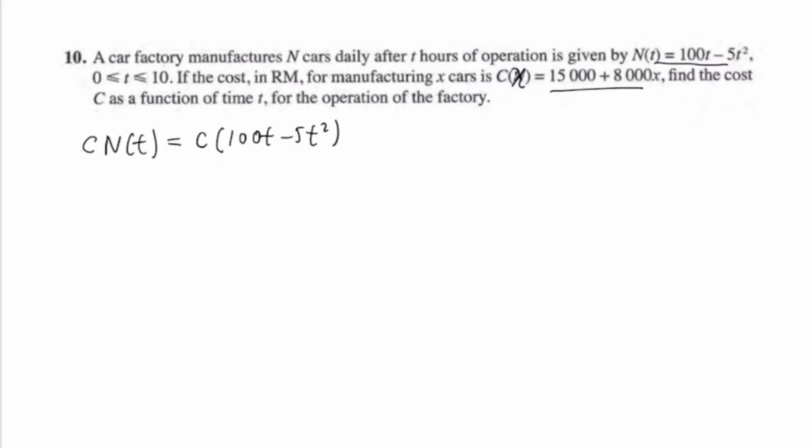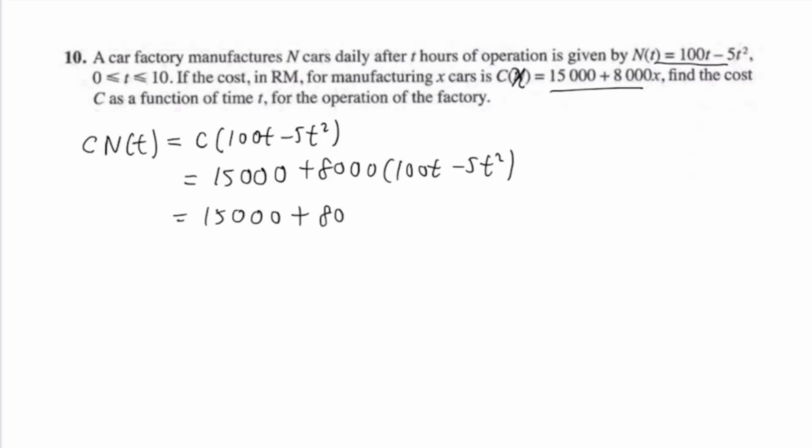And your C is 15,000 plus 8,000x. My x is 100T minus 5T squared. So when you expand the bracket, you get 15,000 plus 800,000T. 8,000 times 5 is 40,000T squared. Okay, that's all for the last question.